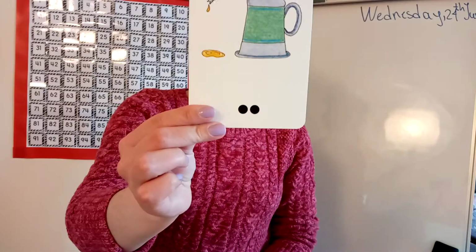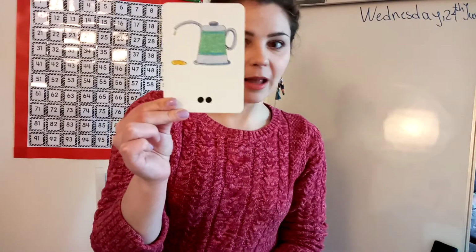So oil is a liquid, it's sticky, it's greasy to your fingers, and we can use it for cooking, or we can use it to put in between moving parts of a mechanism or a toy or a machine, to make sure that they are moving smoothly. So what we have here is oil, okay?